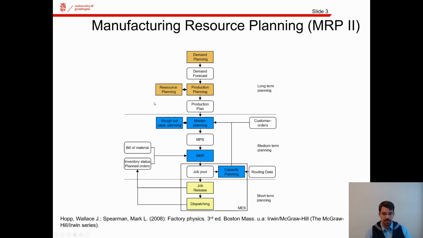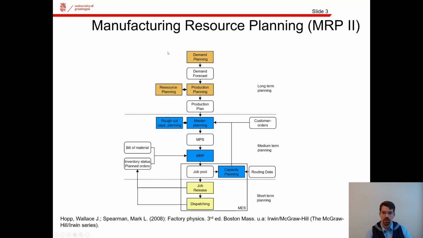So what we can see here is a second approach from Hopp and Spearman. The book is called Factory Physics, and here we can see the manufacturing resource planning, the MRPII approach. Here you can see again the same 3 layers: long-term planning, medium-term planning and short-term planning. In the long-term planning, we have the demand planning, which results in the demand forecast.